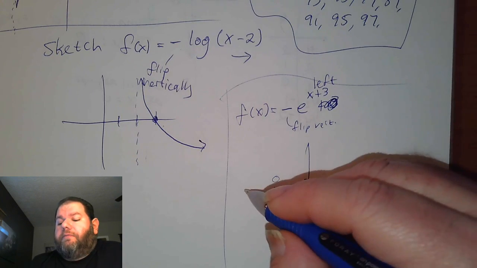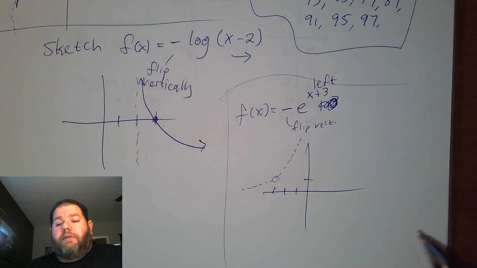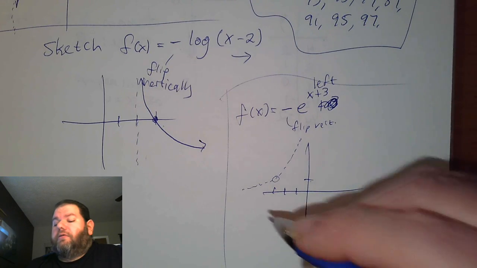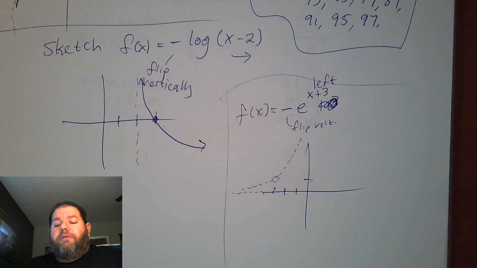So right now our graph looks like this. We move it left 3 with this asymptote here. Now, when we flip it vertically, we think of it as folding it down from the top to the bottom.